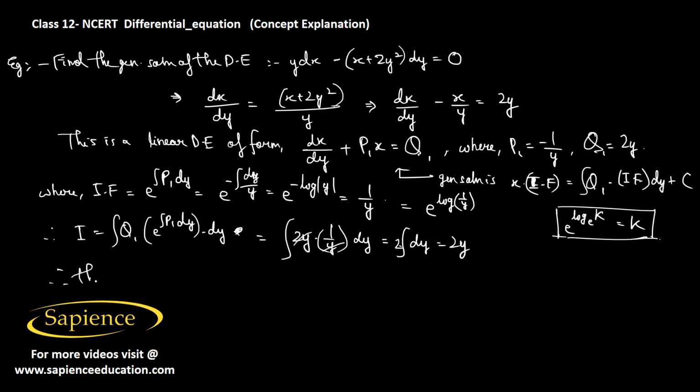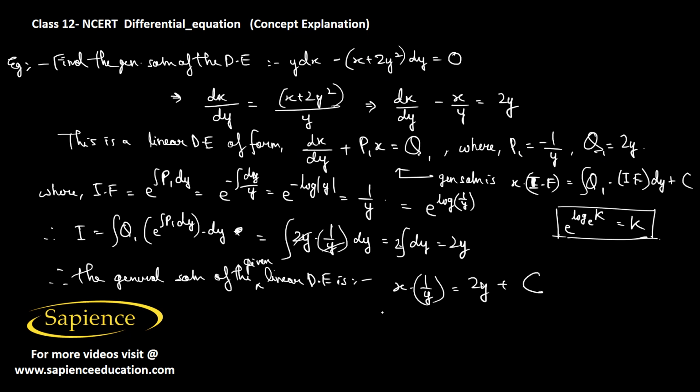Therefore, the required general solution of the given linear differential equation is x into the integrating factor, which is 1 by y, equals I, which is 2y plus c. So x by y equals 2y plus c, or we can write it as x equals 2y square plus cy. So this is the required general solution. So this is the answer.